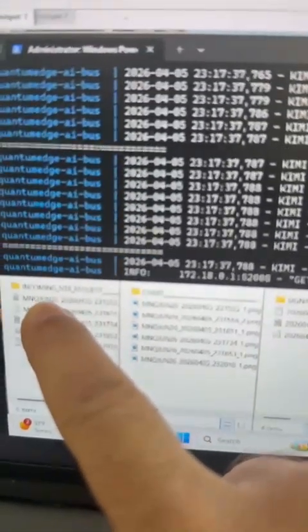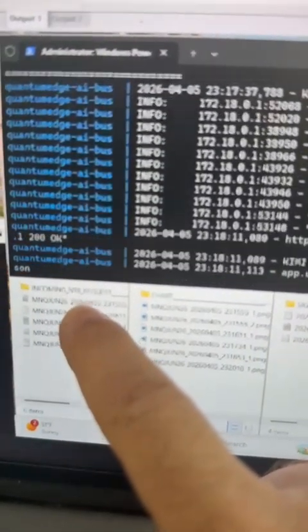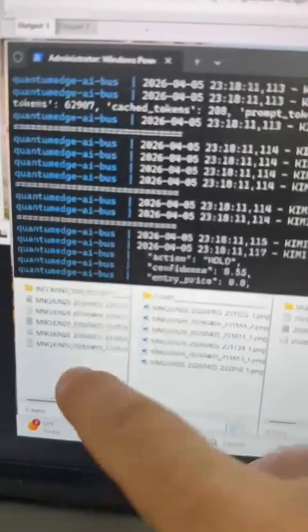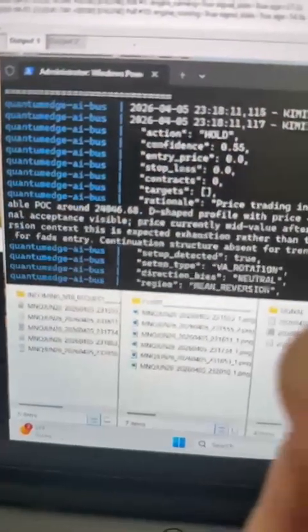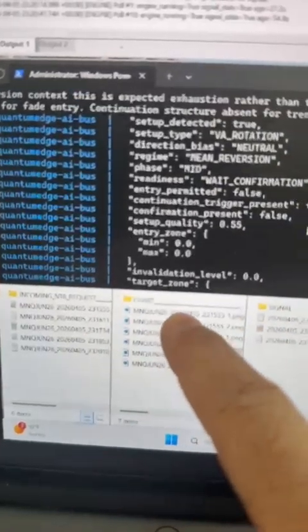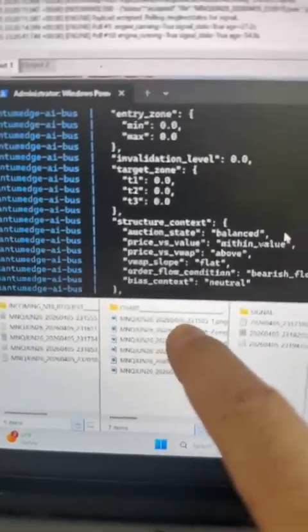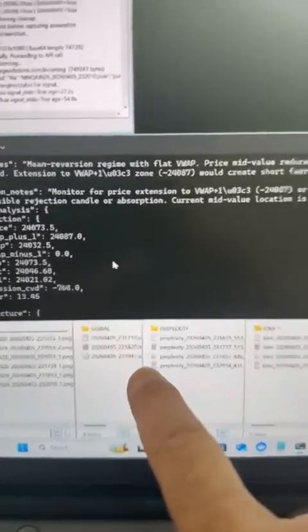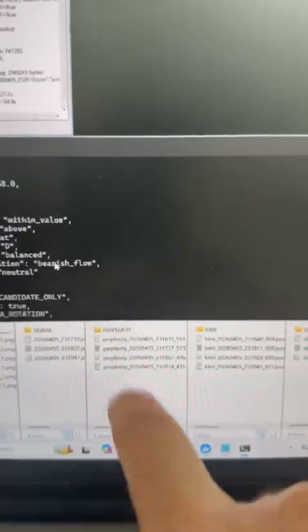So this is the incoming NinjaTrader, showing the prompts. This one is chart readings, the signals generated. This is for Perplexity instructions.